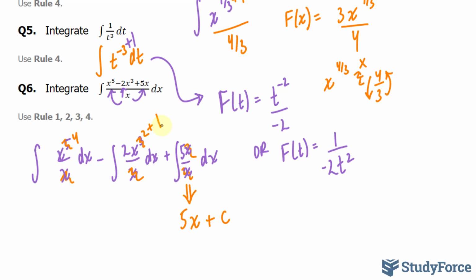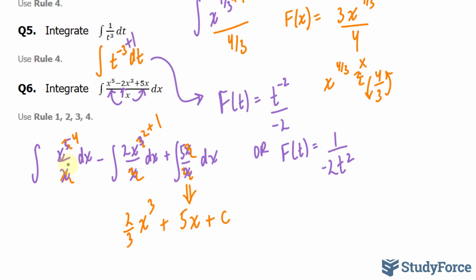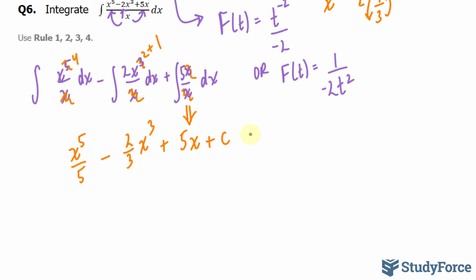Divide everything by 3, you get 2 over 3 x to the power of 3. And lastly, the integral of x to the power of 4 is x to the power of 5 over 5. Therefore, this function right here, represented as capital F at x, is the solution for question 6.